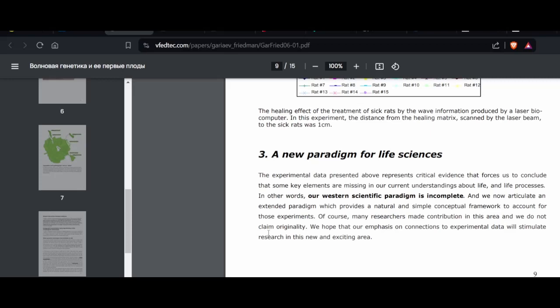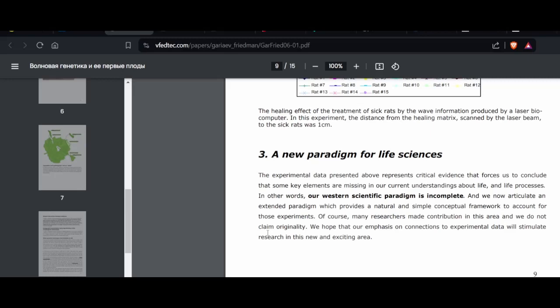So these are all examples where it seems that we can take an energy wave, encode it with healthy genetic information, and transmit that healthy information to a diseased or sick cell and heal the cell, or we can change it from a salamander to a frog, a diseased strawberry or raspberry plant into a healthy raspberry plant, a diseased pancreas into a healthy pancreas. All from information that's being carried by a wave.